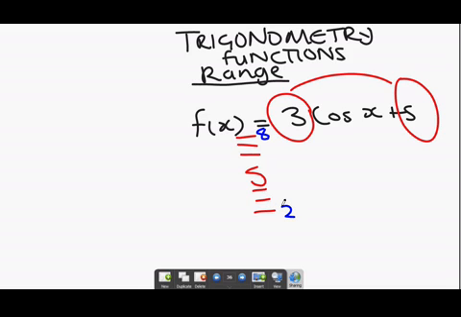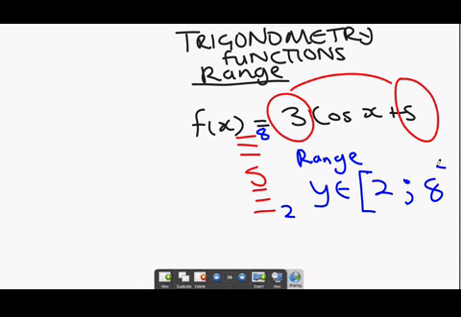So in other words, my range will be y, an element of, and we are using square bracket for range, starting from 2 going to 8. And that's very simple.